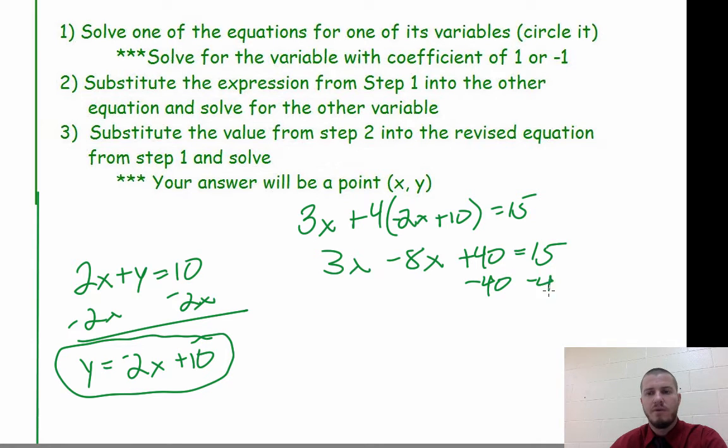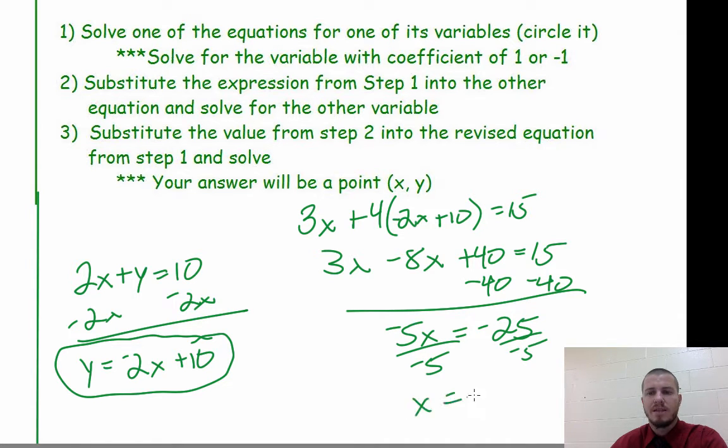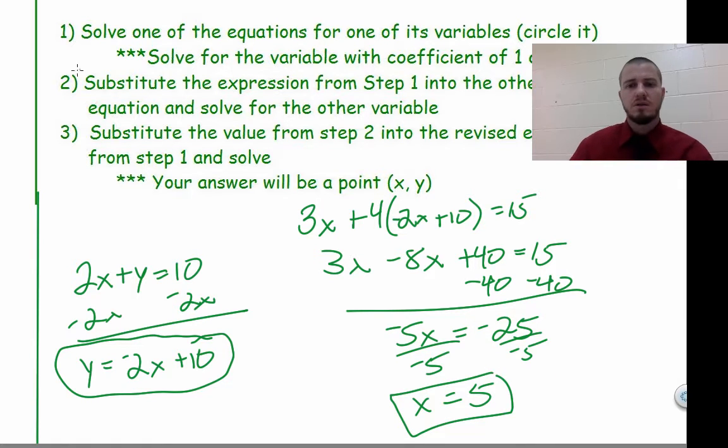So when I subtract 40, I can combine these two. That's going to be negative 5x is equal to negative 25 and divide by negative 5 and x is positive 5. So now I have the x value, I'm looking for the y value.